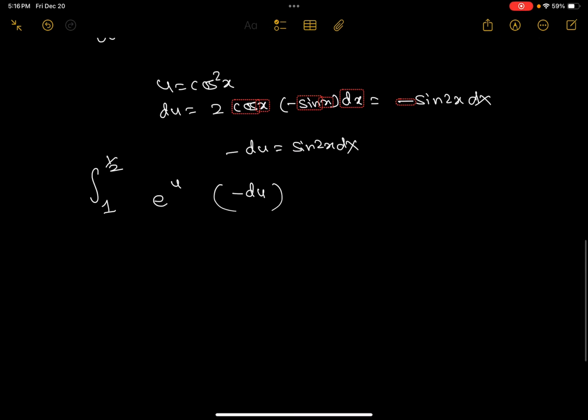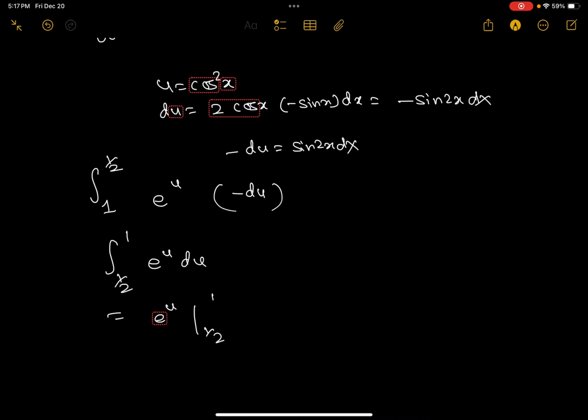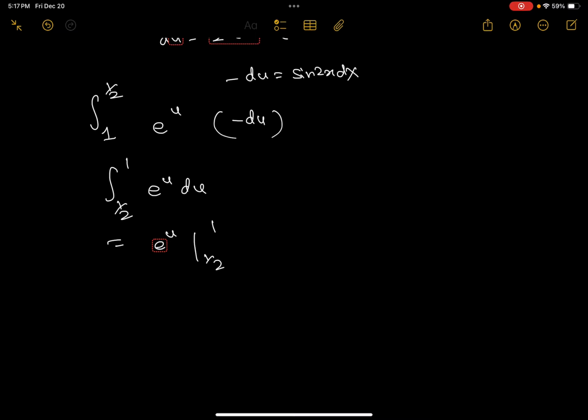Now you can use the negative sign to reflect the integral. So the integral will go from half to 1 of e to the power u du. This is just e to the power u going from half to 1, because the integral of e to the power u is just e to the power u, and that means it's e minus root e. And that's a nice answer, to be honest.